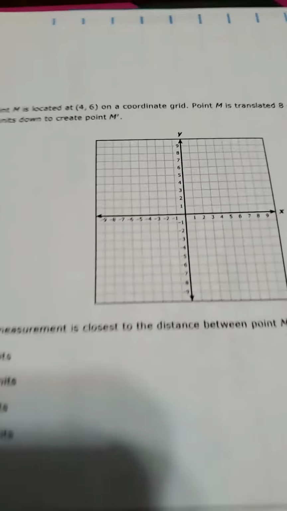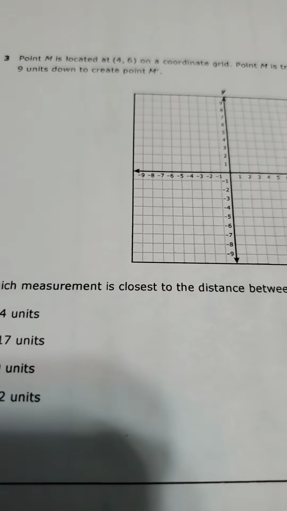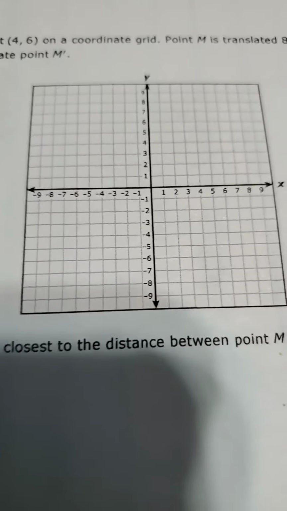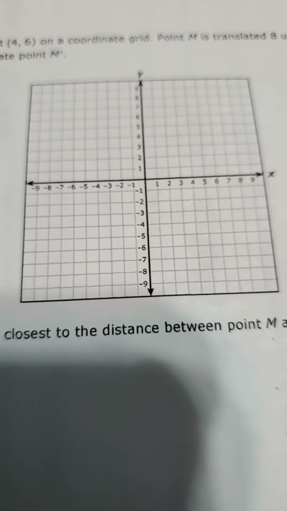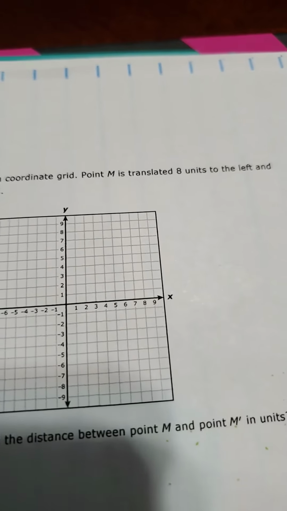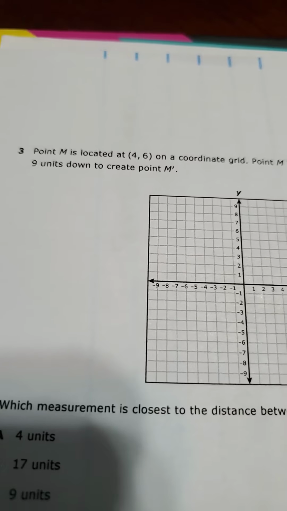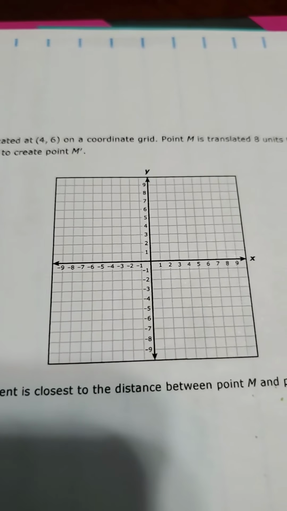Right, number 3. Point M is located at 4, 6 on a coordinate grid. There's my coordinate grid, but there's nothing there. Okay. Point M is translated 8 units to the left and 9 units down to create point M prime. Still no points.